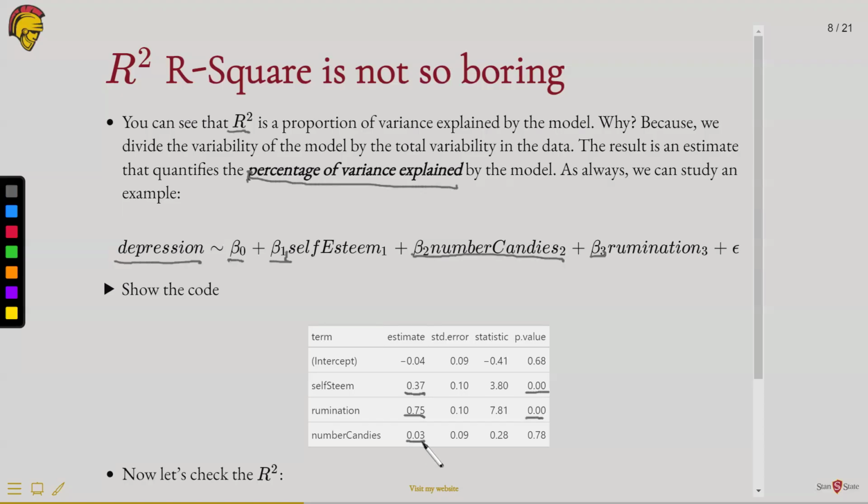How many candies do you eat in 1 week, right? Well, the p-value is way larger than 0.05. And the slope is very close to 0, 0.03, right? So the rate of change is very tiny. It's almost a flat line. So you might be thinking, you know what? Probably number of candies can disappear from here. So let's take a look.